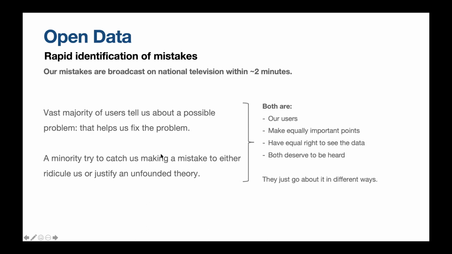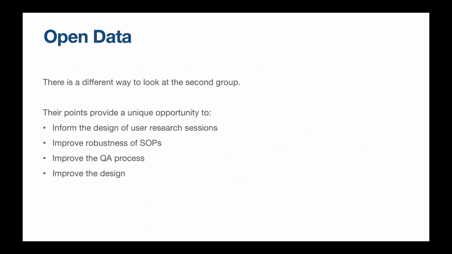But the point here is not what kind of user someone is. It's that they are all our users. They all are making equally important points, and they both have equal rights to see the data, and they both deserve to be heard. And they just go about doing things in a different way.